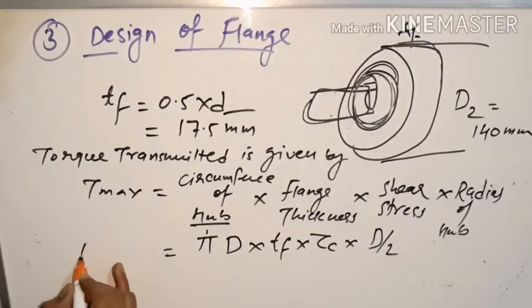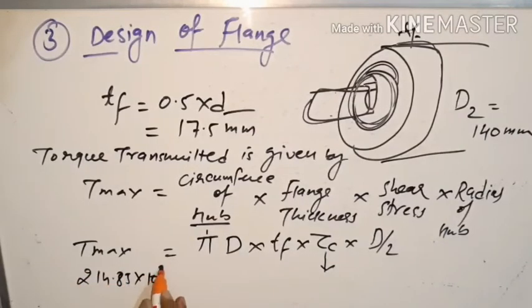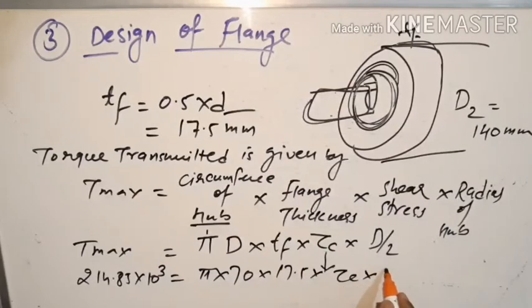So putting in T max and all the known values, and checking tau c, we have 214.85 into 10 power 3 as T max, equal to pi into d, which is 70, into Tf, which is 17.5, into tau c, and 35 because 70 upon 2 is equal to 35.